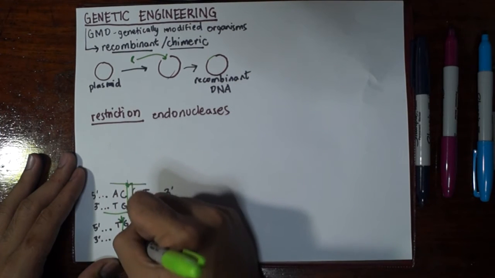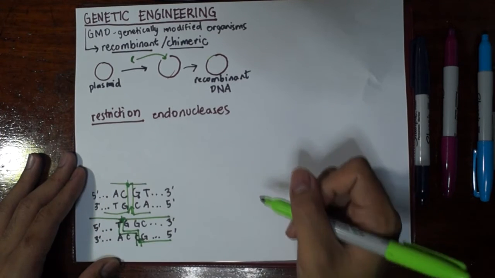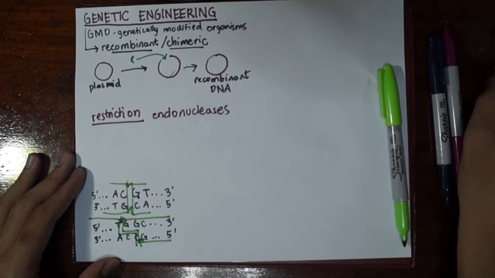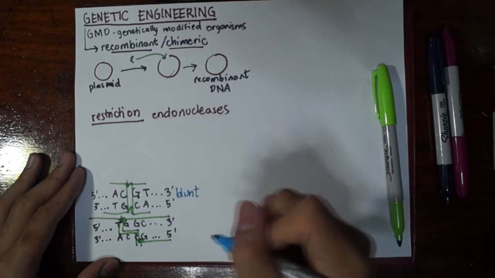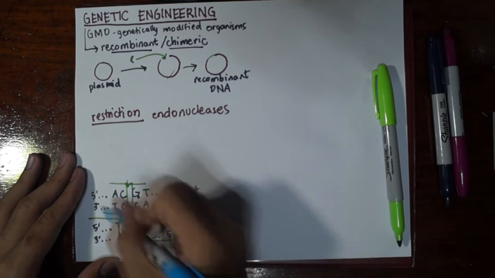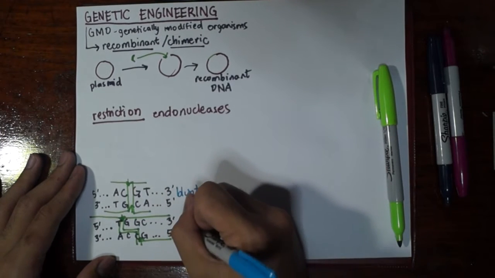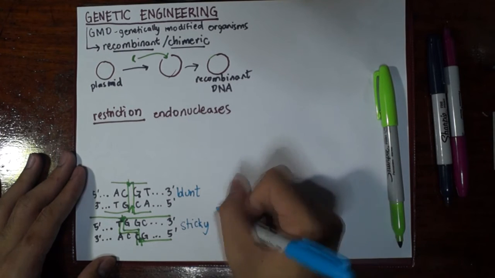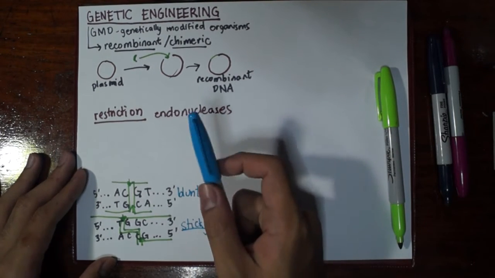After cutting it off, you have portions like this. This one is flat. The ends here are flat. That's why you call this a blunt end, to put it bluntly. Now, this one has a sort of shape, but they call this a sticky end, in comparison to a blunt end. And the sticky ends are the ones that are more common.